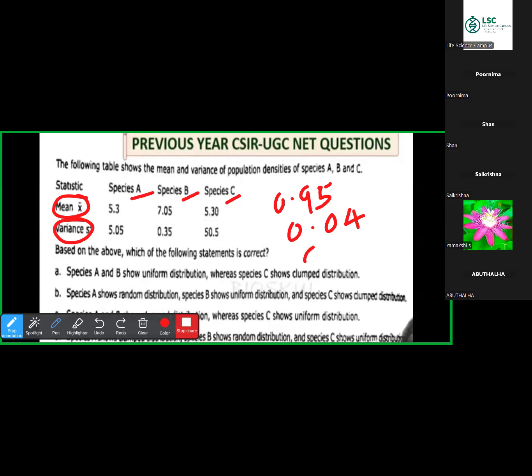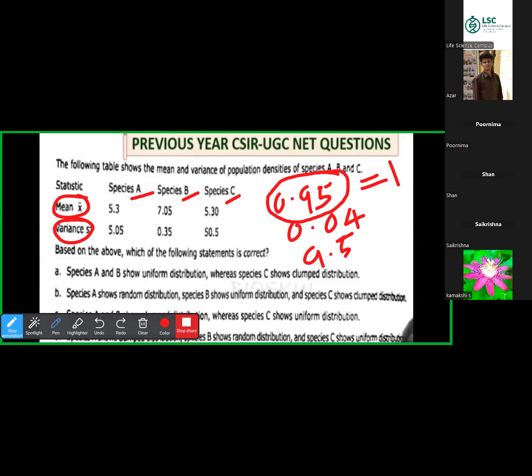That is 9.5. So most of you have answered option A. So this 0.95 we can round off to 1. Option B is the right answer.